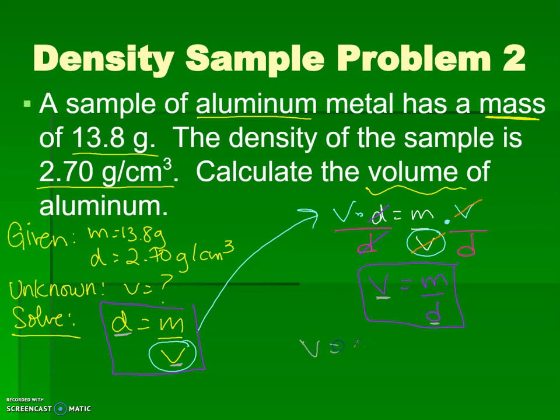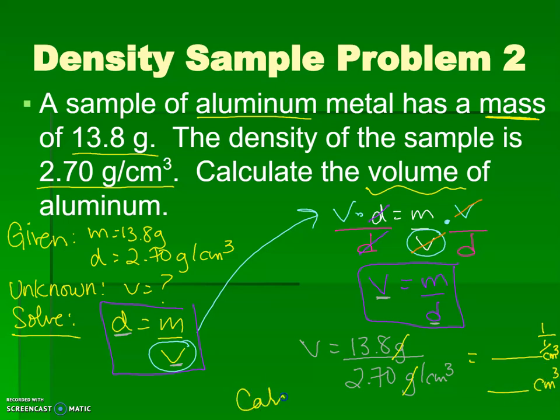So volume is equal to the 13.8 grams over 2.70 grams per centimeter cubed. What you get is the grams and the grams cancel out, and you get 1 over 1 over centimeters cubed, the inverse of the inverse, which is the regular number.